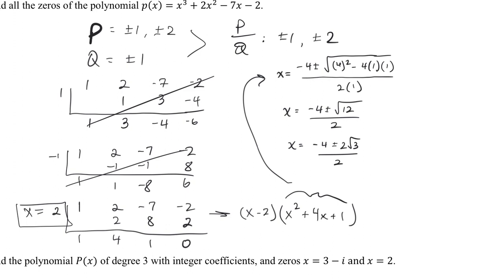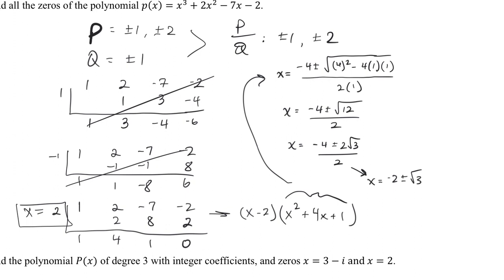And we talked about this also in class. You simplify an expression like this when you have a value here, here, and here. You have to have a value in all 3 spots that have a common factor. These all have a common factor of 2. So all of those are going to be divided by 2. So we have x equals -2 plus or minus the square root of 3.